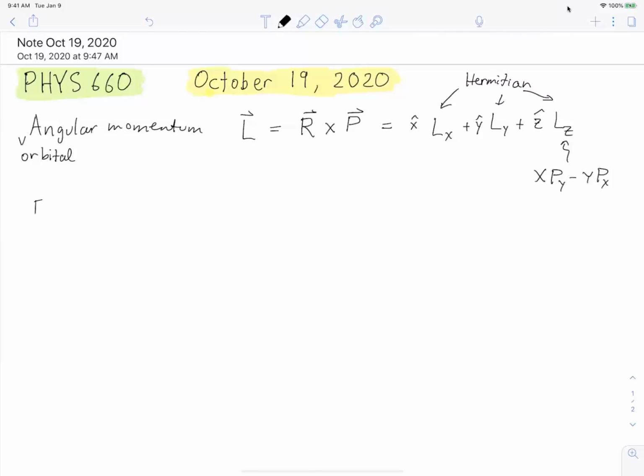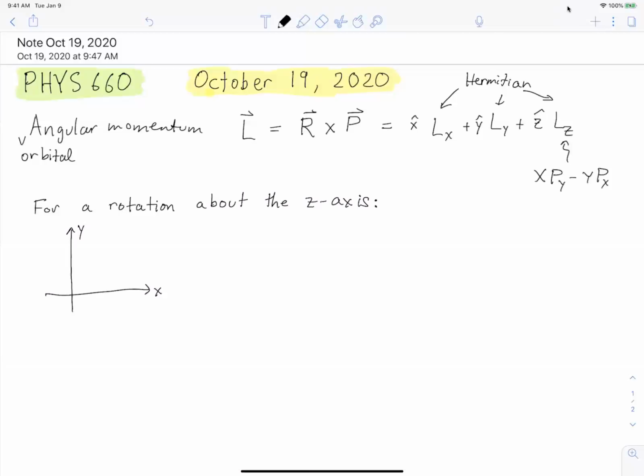So let's consider a rotation. To make things simple, we will start with a rotation about the z-axis. Okay, and so our goal is to connect this to angular momentum in a little bit. So if we're rotating about the z-axis, we can just draw in the xy plane here.